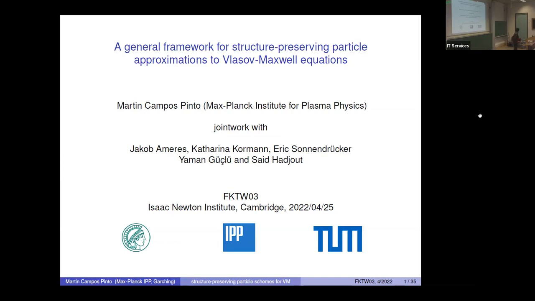And the main objective here is to set a good framework, a good setting for efficient particle methods, and to implement them in large codes.